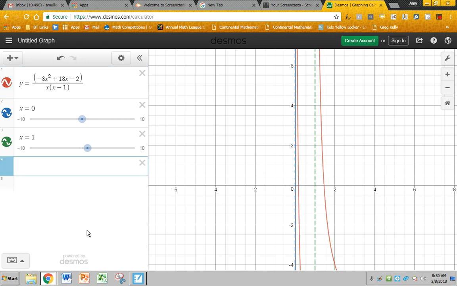Let's open parentheses and go 13 over 16, minus square root 105. Okay, that's one of our points, isn't it? And show the label. Good. And copy paste.